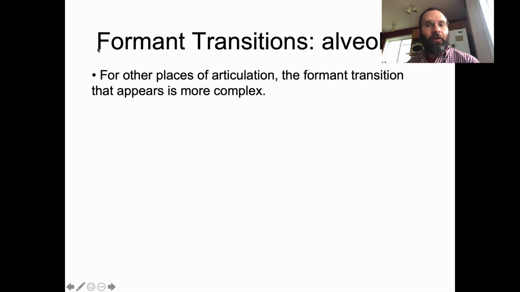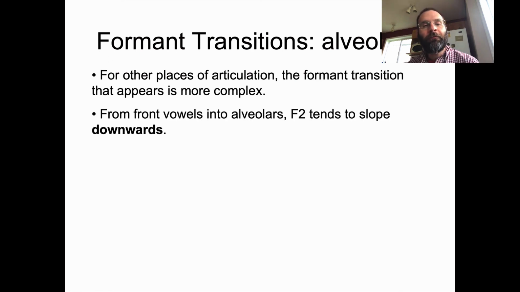So we can start off with alveolars. The way that alveolar transitions work, and I cannot say that word today, I don't know why, is that from front vowels into alveolars, F2 tends to slope downwards. I think you can get this here as well from perturbation theory.